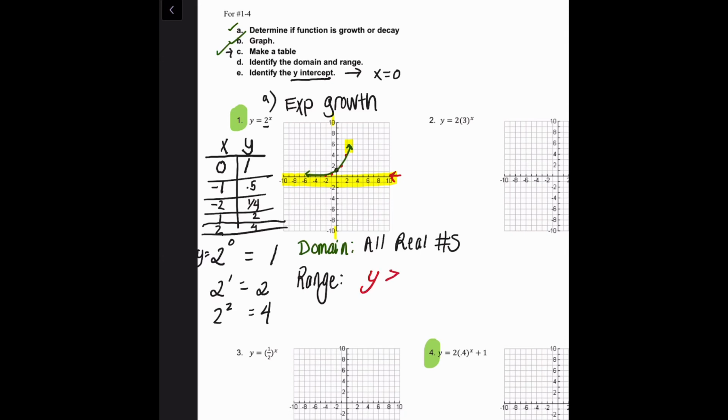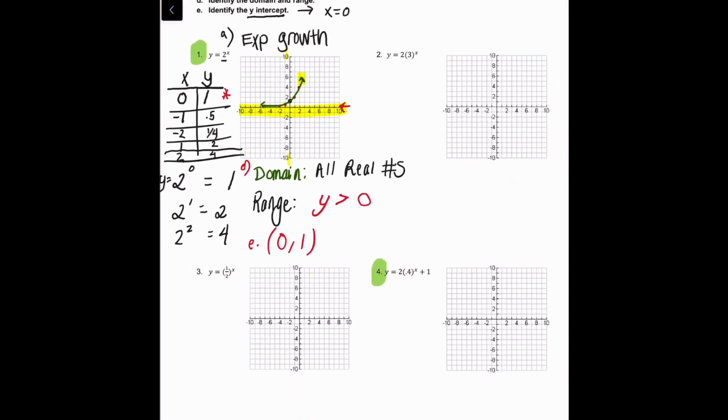Y is greater than, not equal to. We don't have this symbol here. 0. And that is part D. And lastly is E, which we already found. First thing we did was the y-intercept. When you plug in 0, you get 1. So that's our y-intercept.